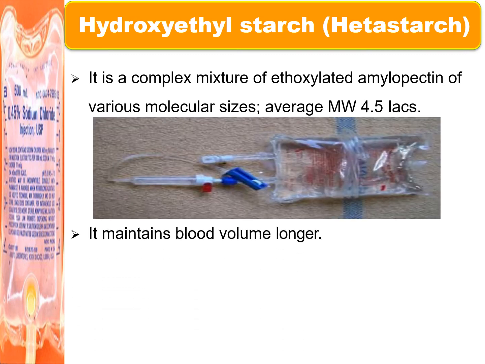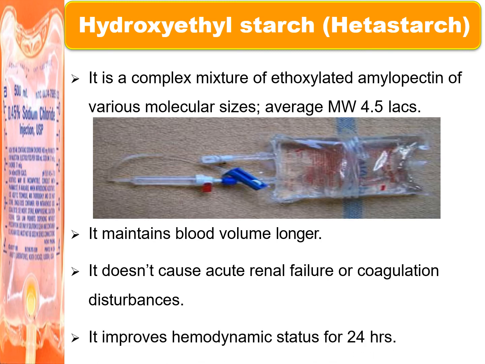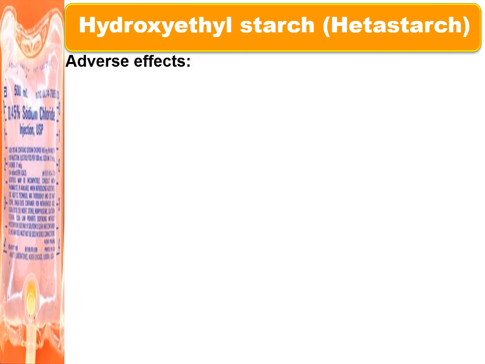HES starch maintains blood volume longer. It doesn't cause acute renal failure or coagulation disturbances. It improves hemodynamic status for 24 hours. Now let us discuss the adverse effects, the brand available and the use of HES starch.